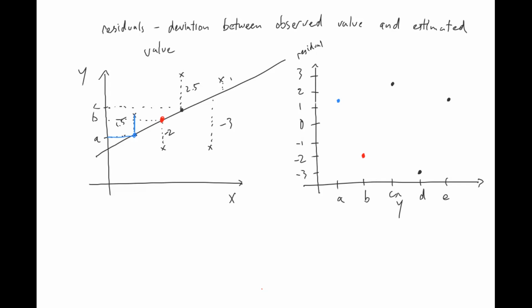Okay, so why is it important? Why do I care about looking at something like this? So let's ask a question. So, okay, hang on, I'll just write. So residual equals observed minus predicted. So let me give an example.